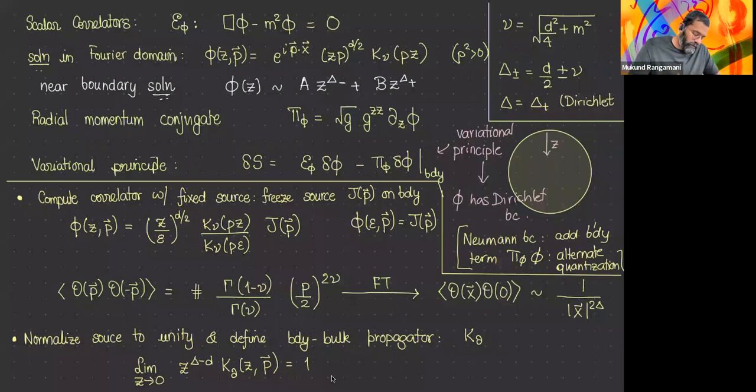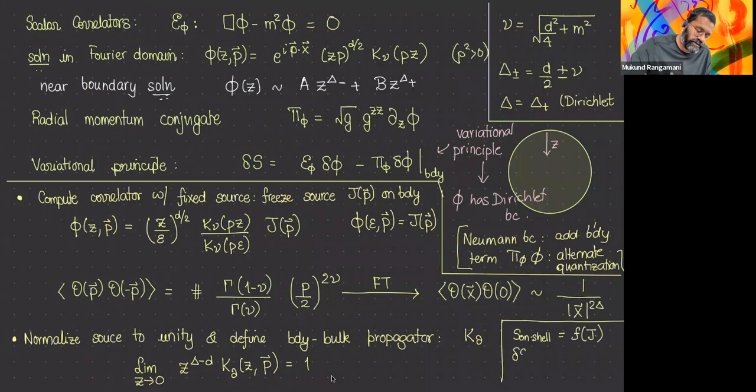So we compute S on shell. This is some functional of J. In fact, it's quadratic in J.